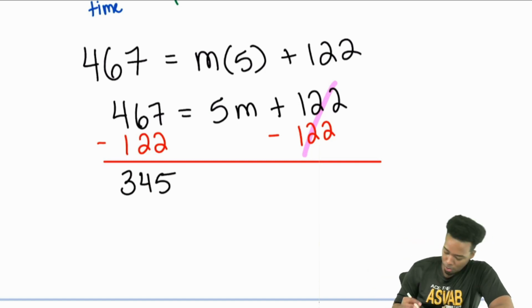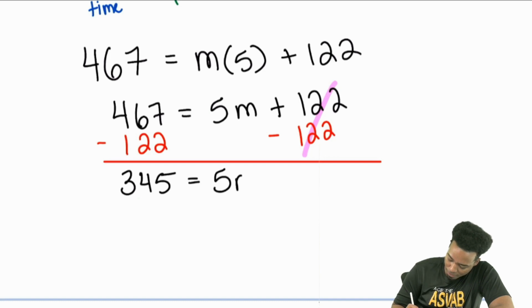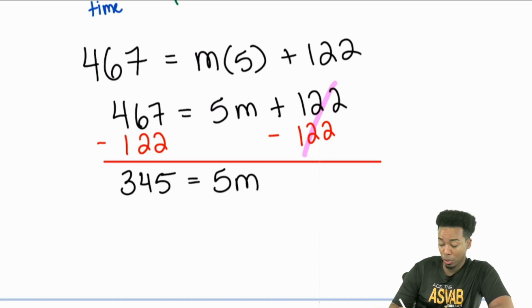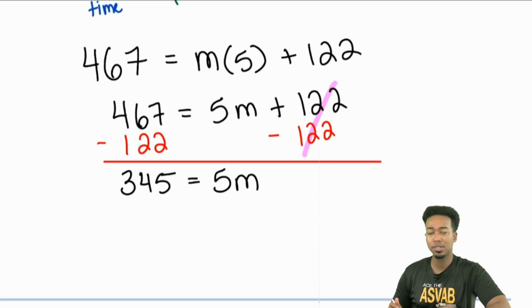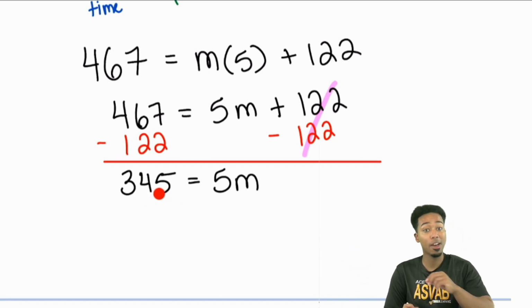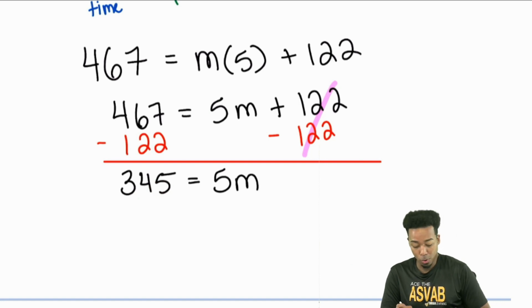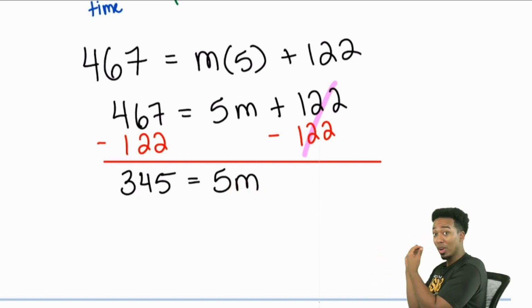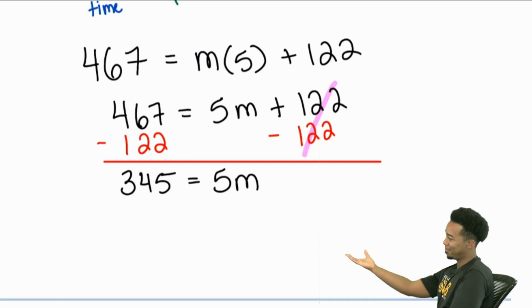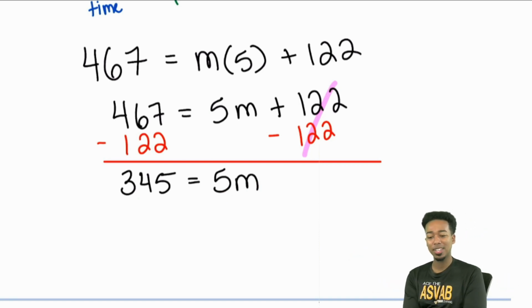So I get 345 equals 5m. If you're doing a distance, rate, time version of this, this is the setup. Your distance is 345 pages that were read. Your rate is the number of pages per hour, and your time is 5 hours. Remember, 5 times m is the same as m times 5. If you wanted to look at it as a distance, rate, time problem, this is it.